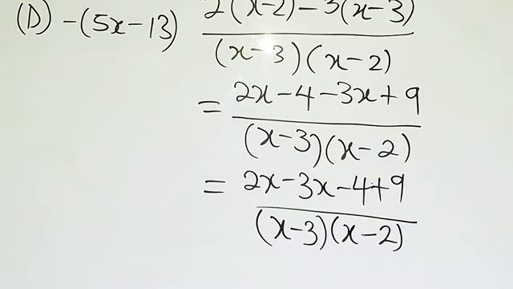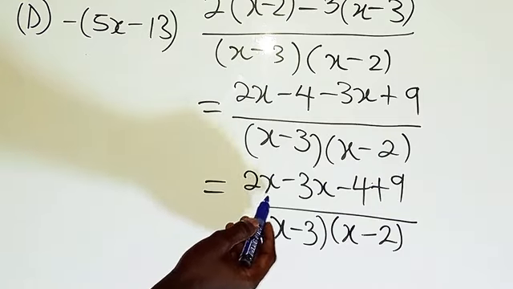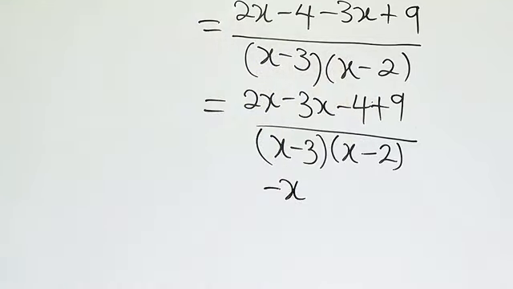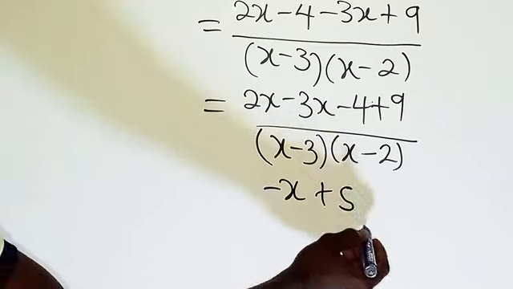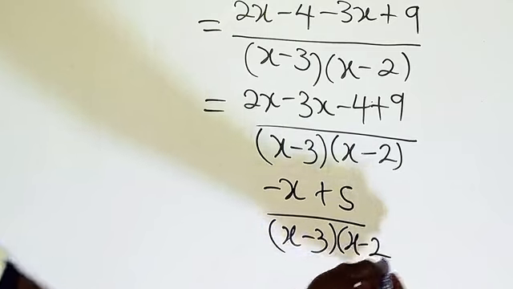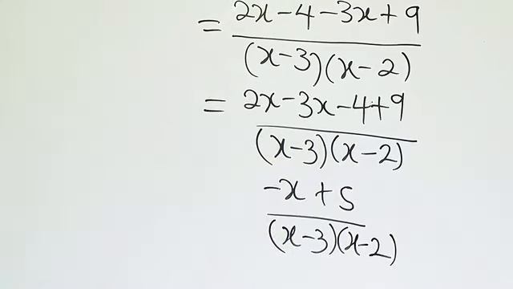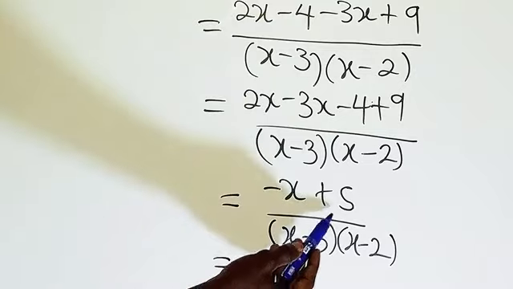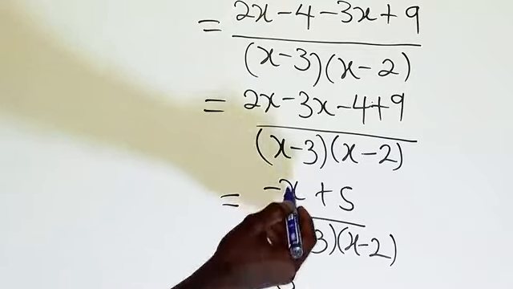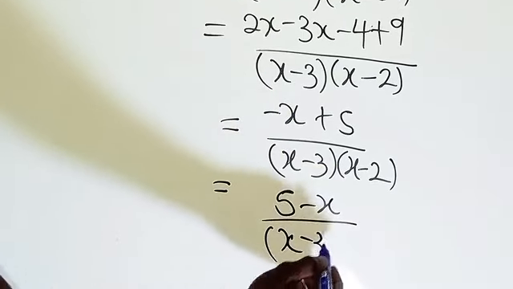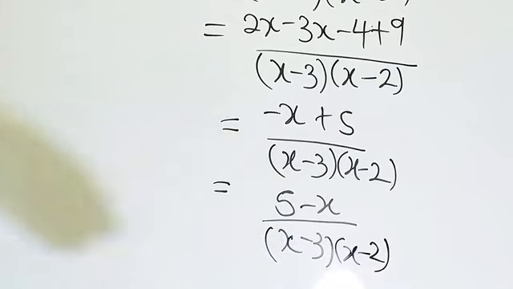So from here 2x minus 3x will give us minus x, then minus 4 plus 9 we're going to have plus 5 over x minus 3, then x minus 2. Are you following? So now we can write this in this form: 5 coming first, then minus x, all over x minus 3, then x minus 2.